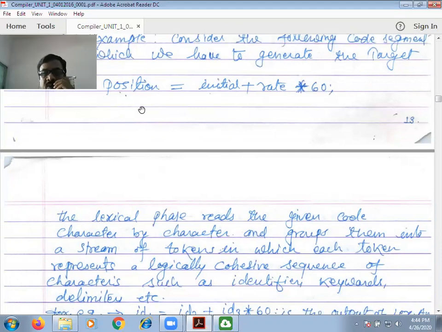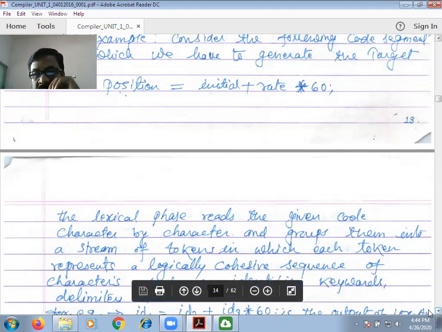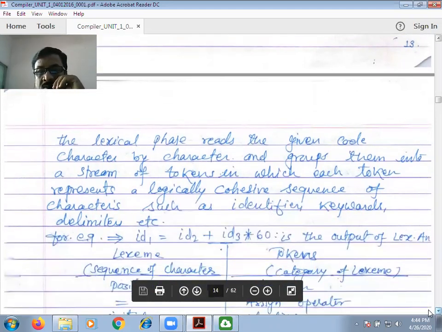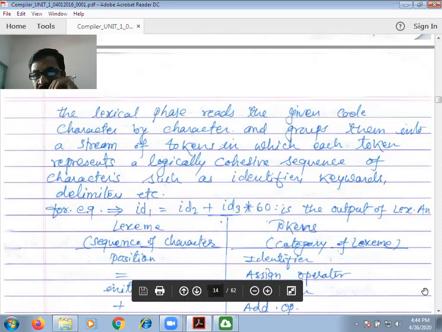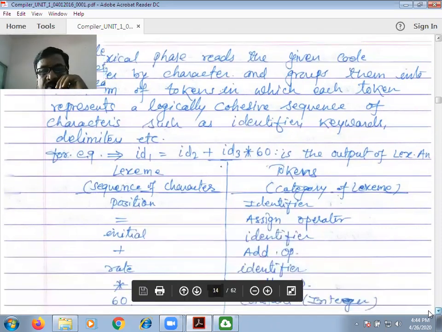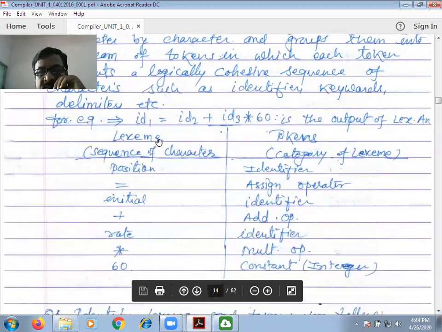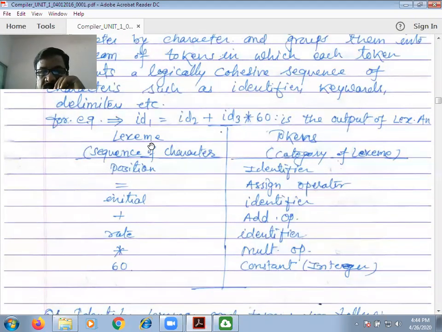The lexical analyzer reads the given code character by character and groups them into a stream of tokens, in which each token represents a logically cohesive sequence of characters such as identifier, keywords, delimiter, etc. For the same example, we can separate each lexeme and identify them as a token. For the same example, position equal initial plus rate into 60 and semicolon.